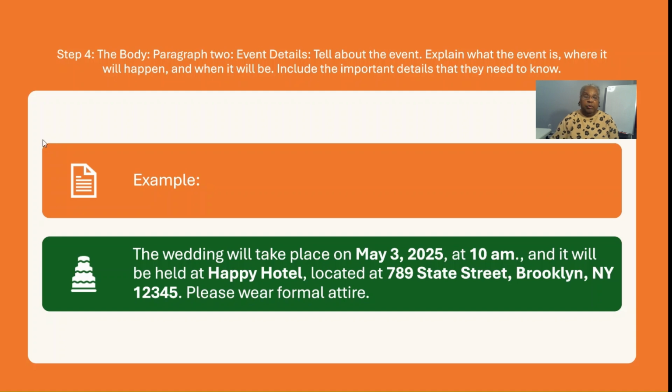For example, the wedding will take place on May 3rd, 2005 at 10 a.m. and it will be held at Happy Hotel, located at 789 State Street, Brooklyn, New York, 12345. Please wear formal attire.